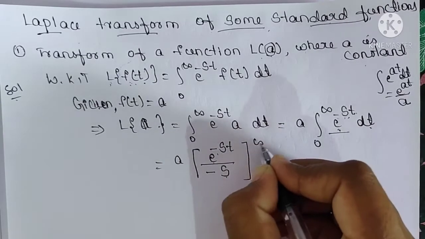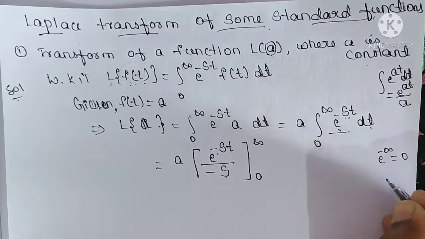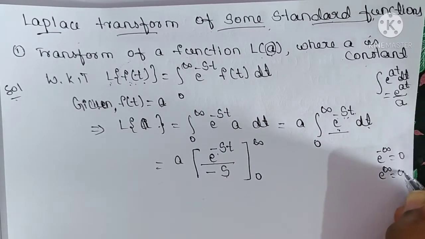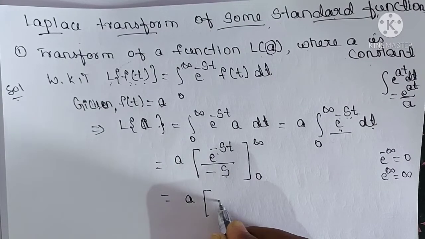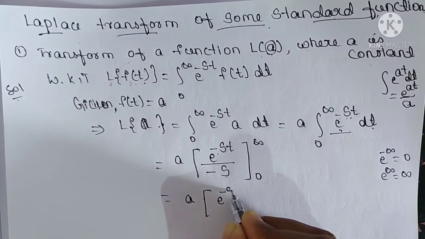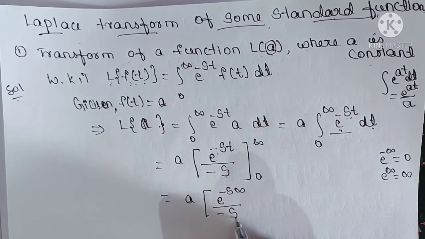0 to infinity. E to the power of minus infinity value is 0. E power infinity value is infinity. Now apply limits. A as it is, e to the power of minus s into t value infinity, divided by minus s.